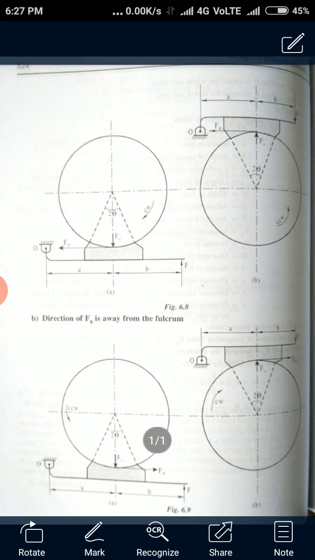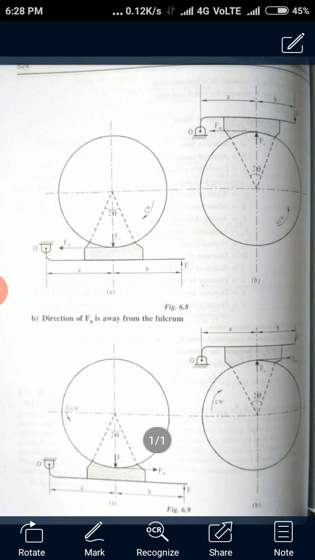The shoe or block, it is called by two names, is pressed against the rotating drum, which may be rotating clockwise or anti-clockwise. The tangential force, F theta, acts between the rotating drum and the block.